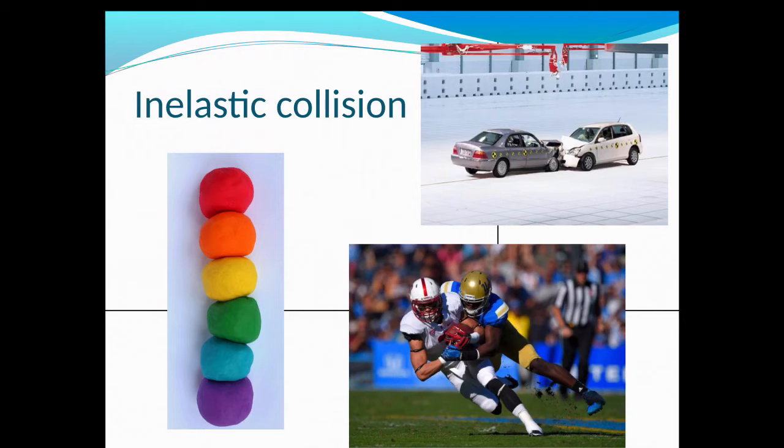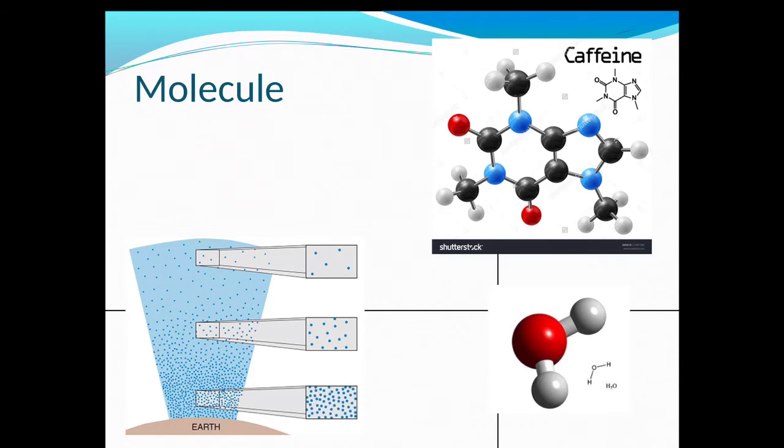And so the Play-Doh, same thing. If you drop Play-Doh, what is it going to do? It's going to deform, right? It's not going to bounce, right? So that means it's an inelastic collision. Same thing with football players running into each other and then landing on the floor together, right? So the motion gets lost and we get sound and we get other forms of energy coming out of there.